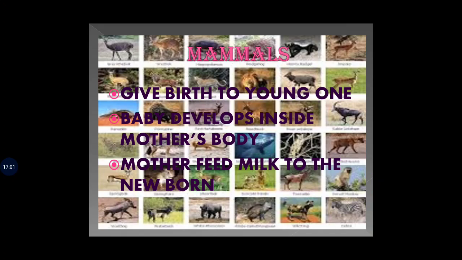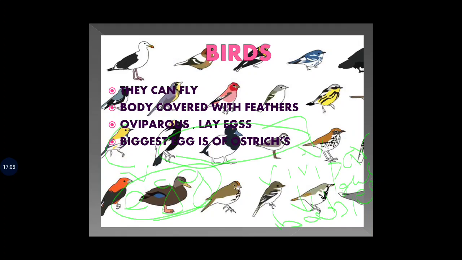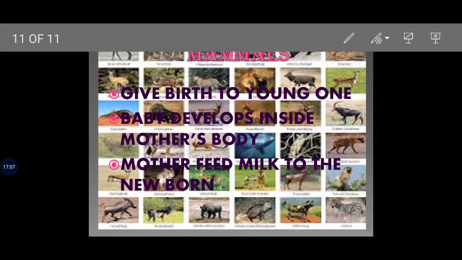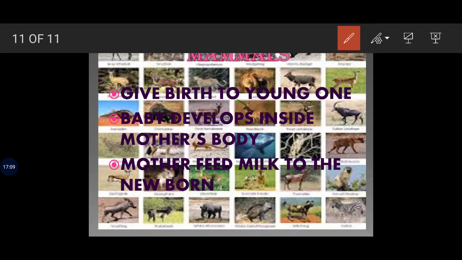Mammals means the organisms who produce their young babies. The baby comes out from the mother's womb, and the mother can feed milk to the newborn baby.